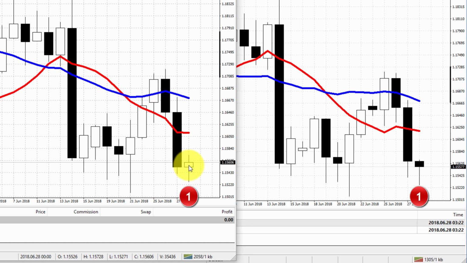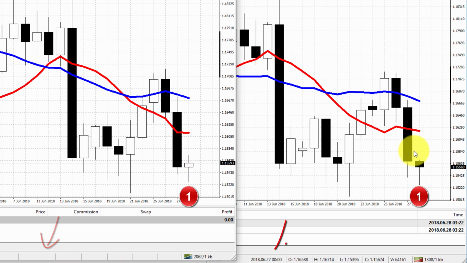On FX Open, it started at midnight. You can see down there at the bottom, it says June 28th at midnight. And if we look at Oanda, it says June 28th at midnight as well. So here you might say, okay, it started at the same hour.